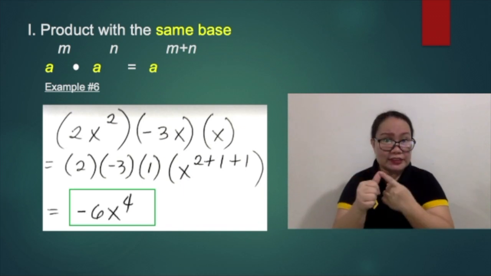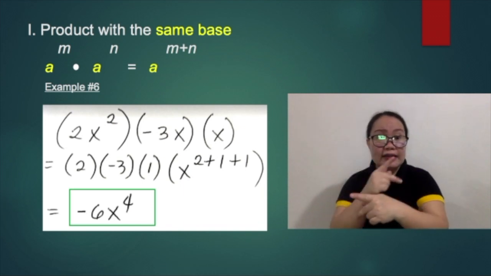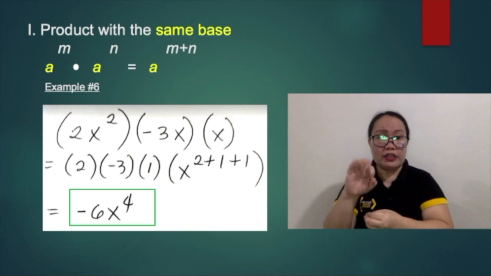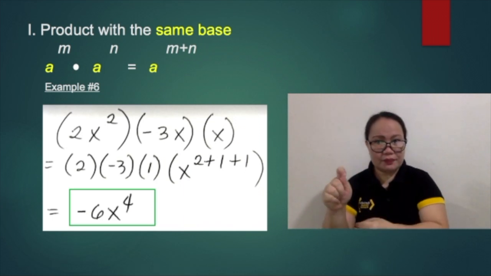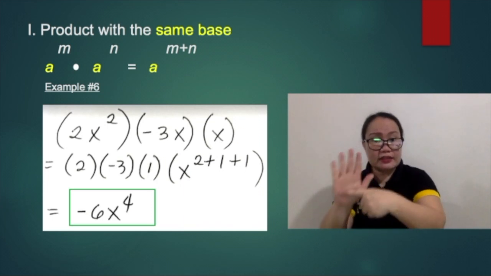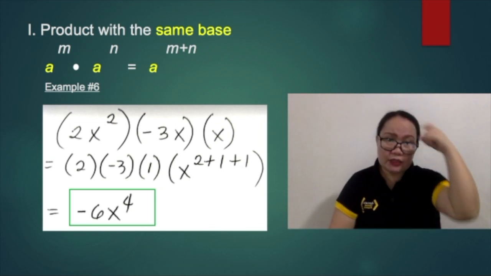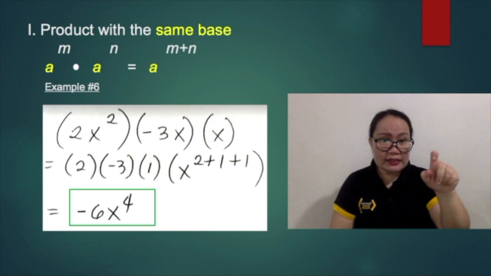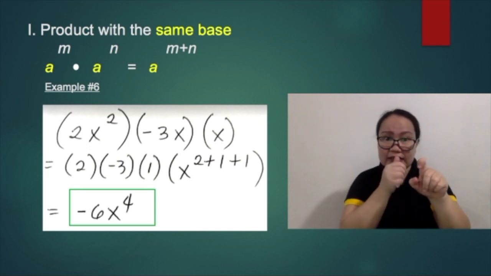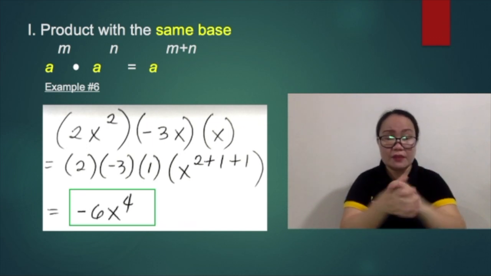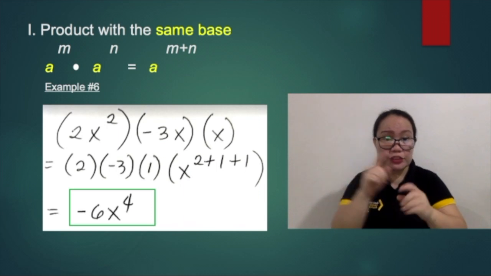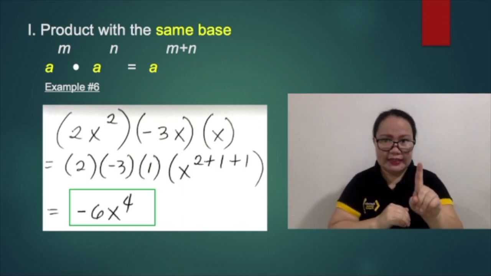So, first, multiply the numerical coefficient. 2 times negative 3 times 1. 1 because x has a hidden numerical coefficient which is equal to 1.